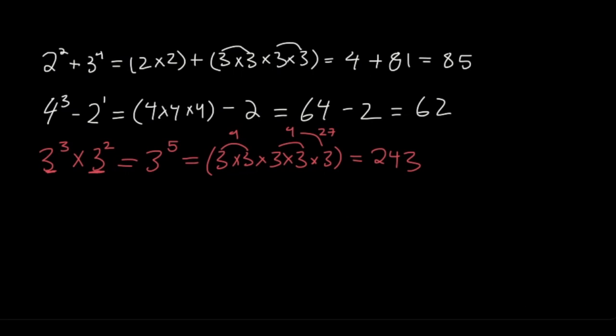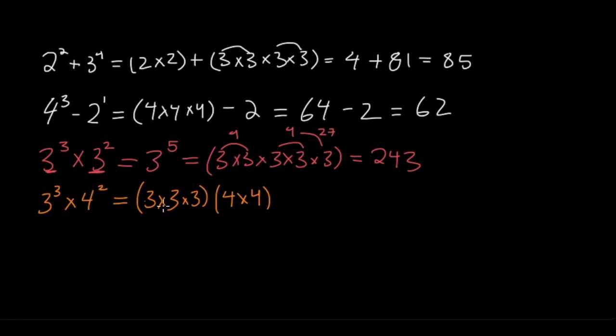Cool. Now what if we had an example where the bases are not the same? What if we had 3 to the power of 3 times 4 to the power of 2? Since they're different bases, I can't simply add the exponents. I'll have to treat them separately just like I did for the first two cases. So, 3 to the power of 3 is 3 times 3 times 3, and since we're multiplying, we're going to keep it as multiplication between them, 4 times 4.